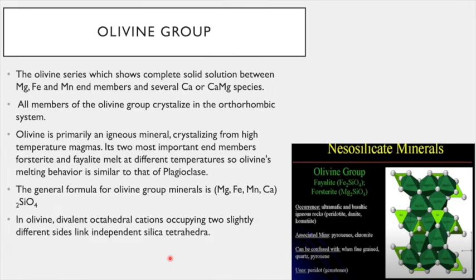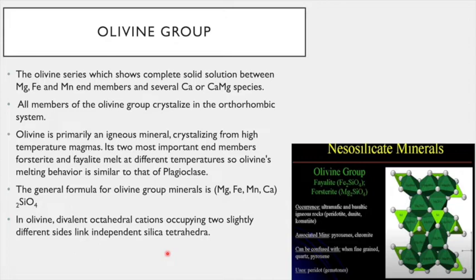Next is the olivine group. The olivine series shows complete solid solution between magnesium, iron and manganese end members and several calcium or calcium magnesium species. All members of the olivine group crystallize in the orthorhombic system. Olivine is primarily an igneous mineral, crystallizing from high temperature magmas.